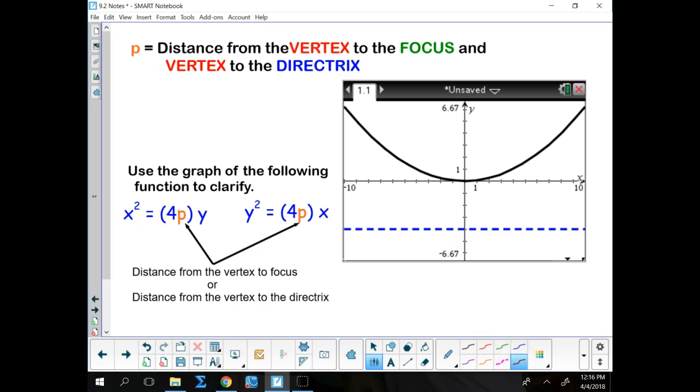So P, orange, so this distance from my vertex to my directrix is the same. 1, 2, 3, and 1, 2, 3, and 4 right there. As right there. So the focus is right there.